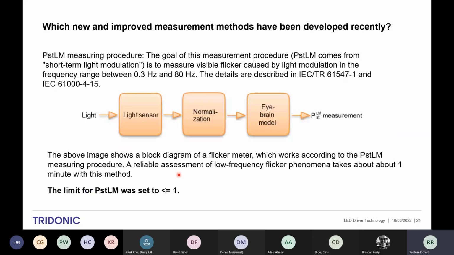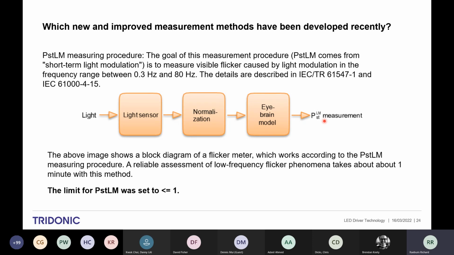And there's just a brief method here of how we measure it. This is a measurement of the output of the driver. So we have a light sensor there, and then essentially the eye-brain model.